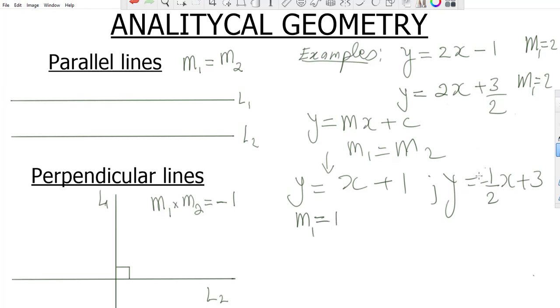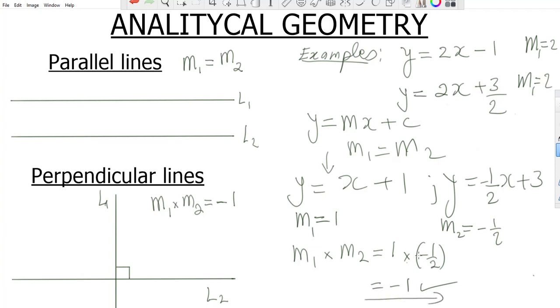And the one here means that the gradient is equal to -1/2. So now to prove that this is perpendicular, you need to get m1 multiplied by m2 to see if it's going to give you minus 1. Then we have 1 multiplied by m2, minus 1 over 2, and then we see that the answer is minus 1. So this proves that the two lines are perpendicular.